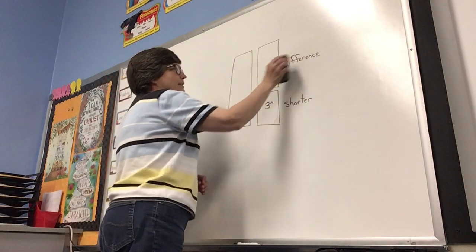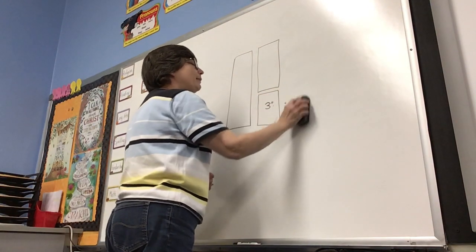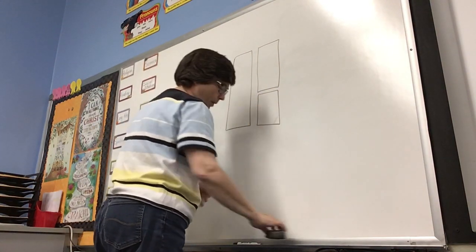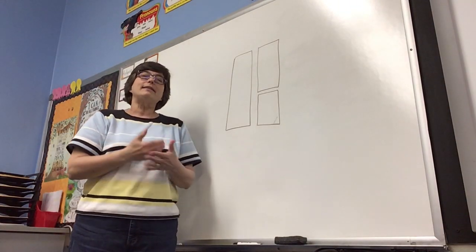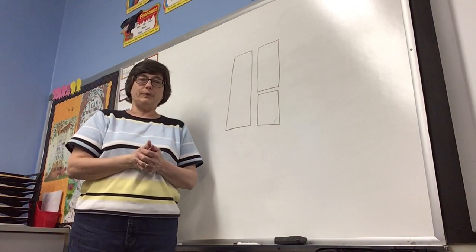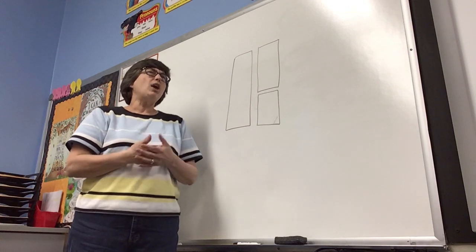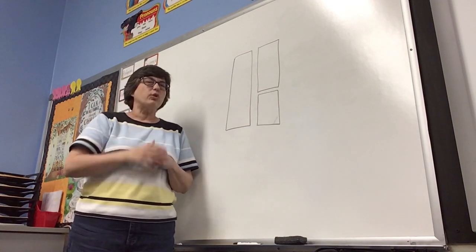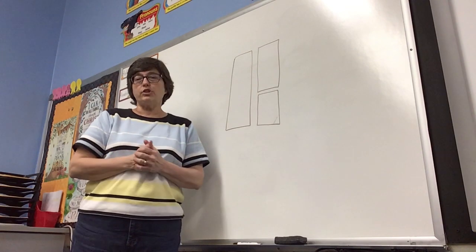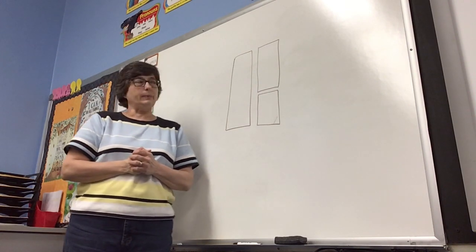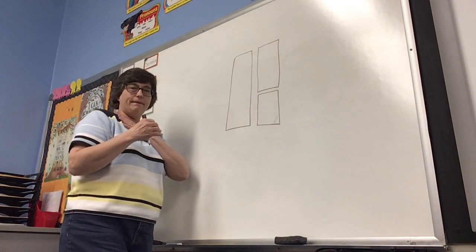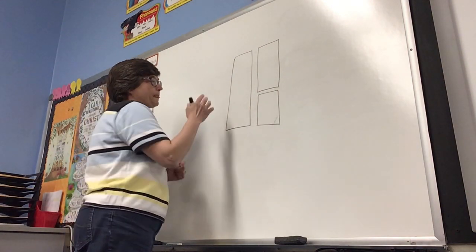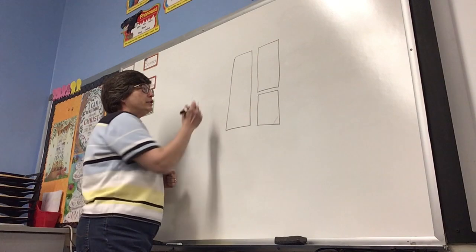This time I want to talk about myself and my mom, okay? If I say I am 66 inches tall, and my mom is just a tiny bit shorter than me, she's 3 inches shorter than I am, okay? So if we're talking about myself and my mom, who is taller?